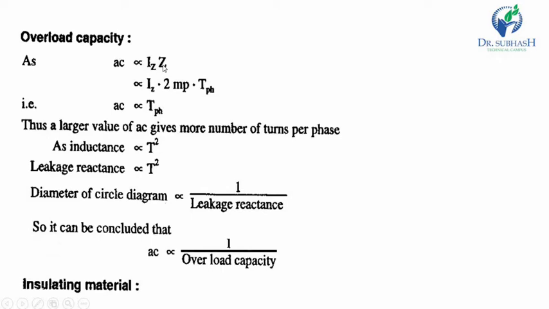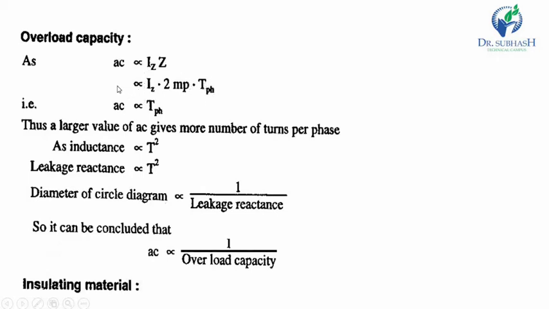Now we know that the number of turns is equal to the number of conductors divided by 2. So conductors is equal to turns into 2. Here we put the value of Z equal to 2 into TPH, turns per phase.